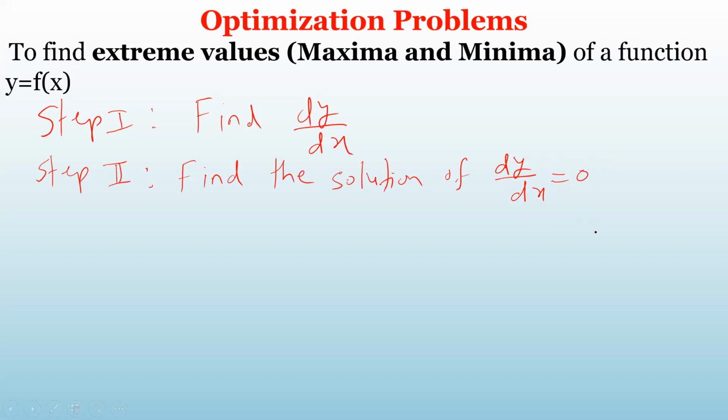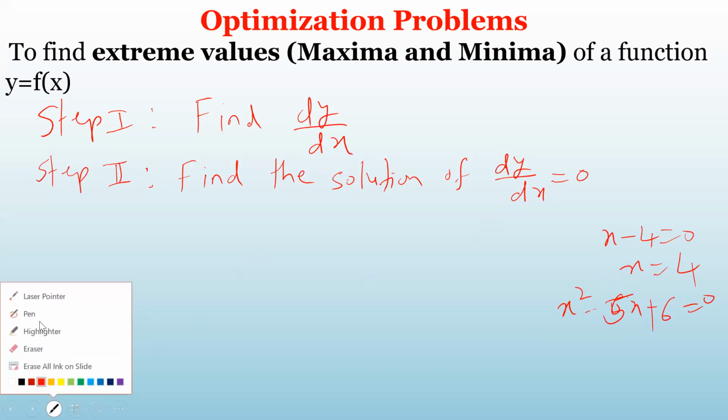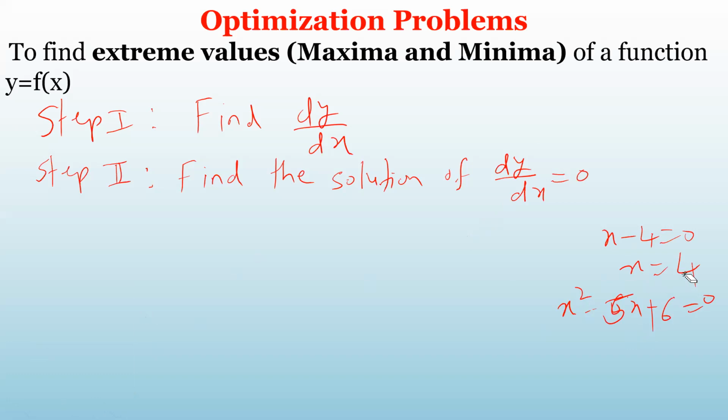If it's a linear equation, then there will be only one solution. If it's a quadratic equation, then you may have two solutions. So it depends upon what type of equation you are going to get here.